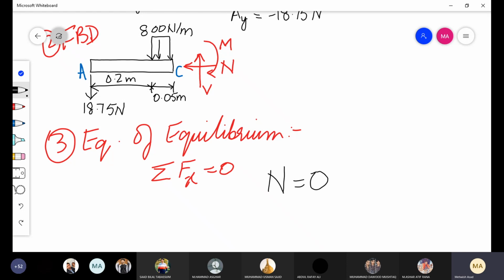The second equation of equilibrium is summation of all forces in y direction is equal to 0, assuming all upward forces as positive.